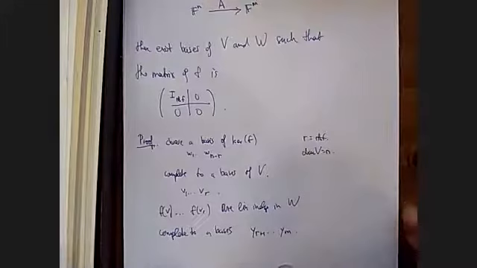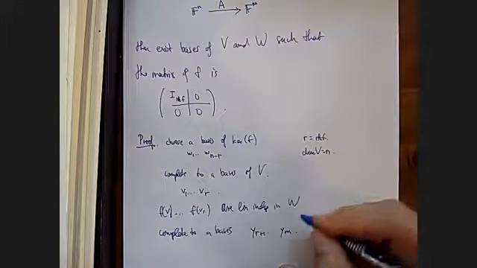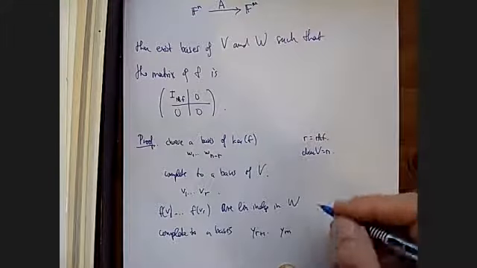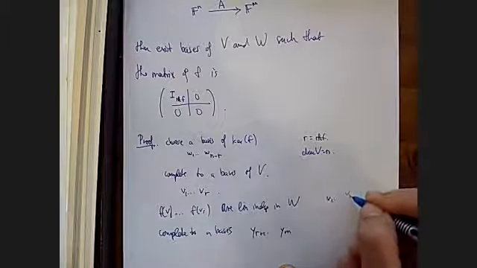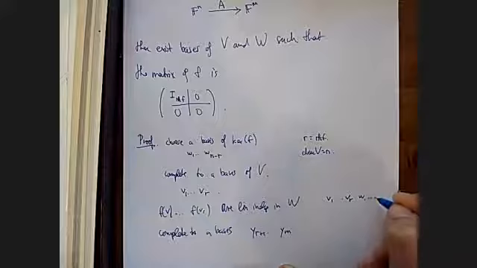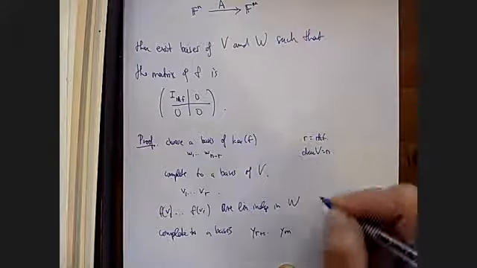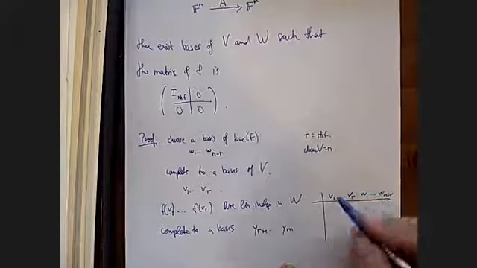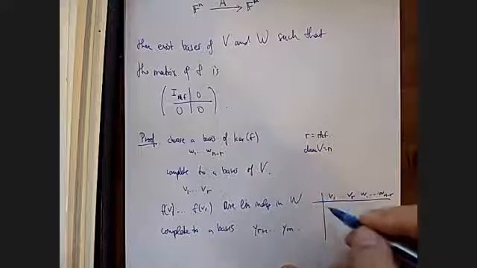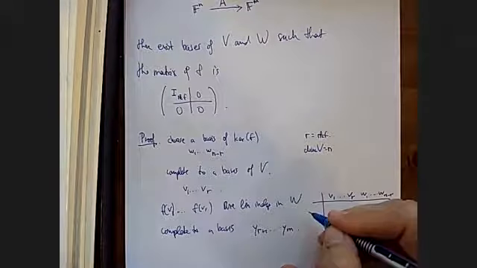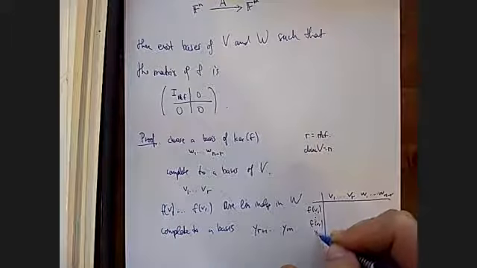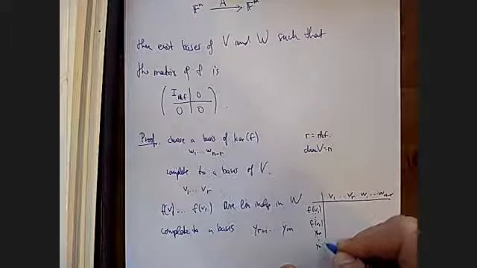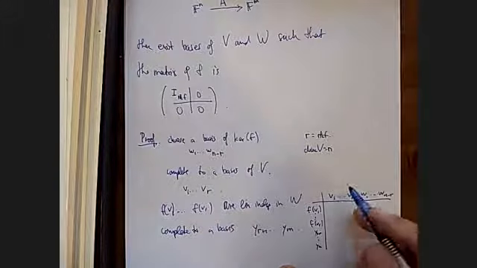And then if we write down the corresponding matrix with respect to the basis we had chosen, we take V1 through Vr and then W1 through W(n minus r) as our basis of V, and of W we have F of V1 through F of Vr and then Y(r plus 1) through Ym.